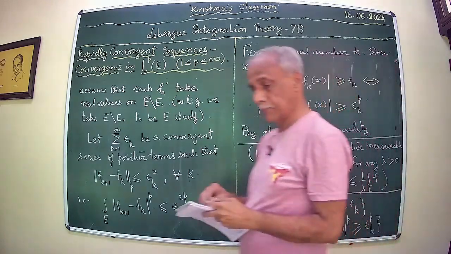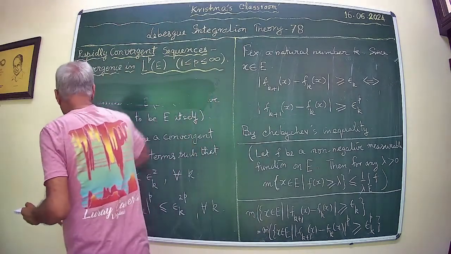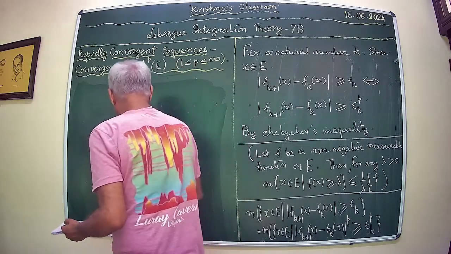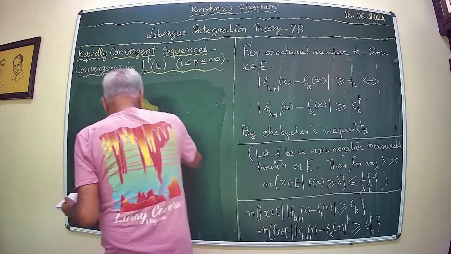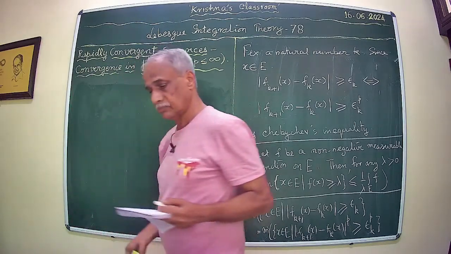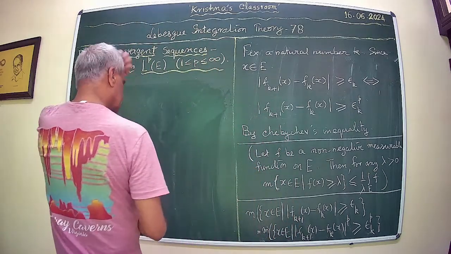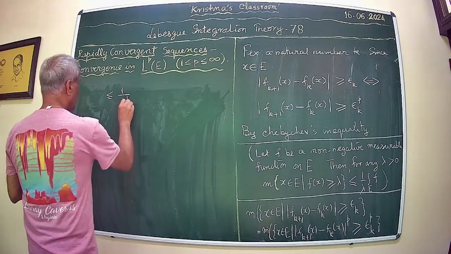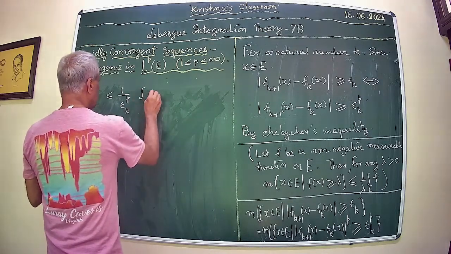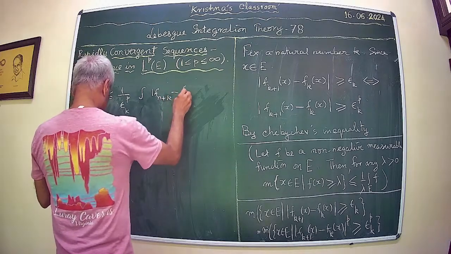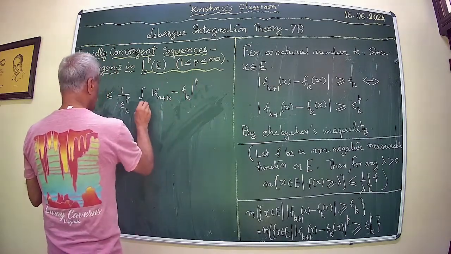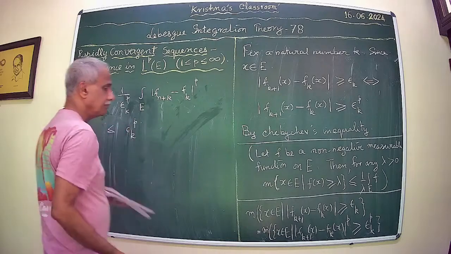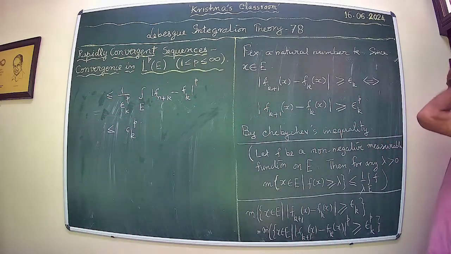And this by Chebyshev inequality, we can work it out now, which is less than or equal to. What does this mean?